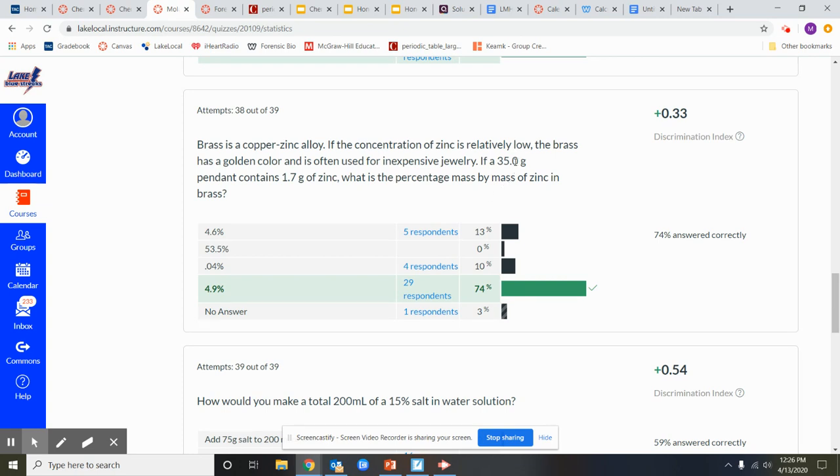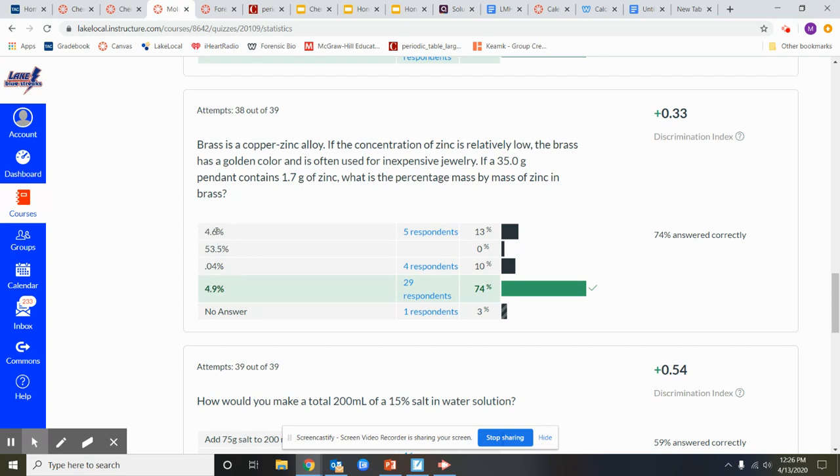So this is grams of solute, which in this case is just my zinc, over grams of solution, technically, which is my alloy, brass, which is 35. So this one, you do not have to add these together. It's telling you my whole pendant, made of brass, is 35 grams. So you're just going to divide 1.7, that's your solute, by 35, there's your solution, and then multiply that times 100, and that's where the 4.9% comes from.